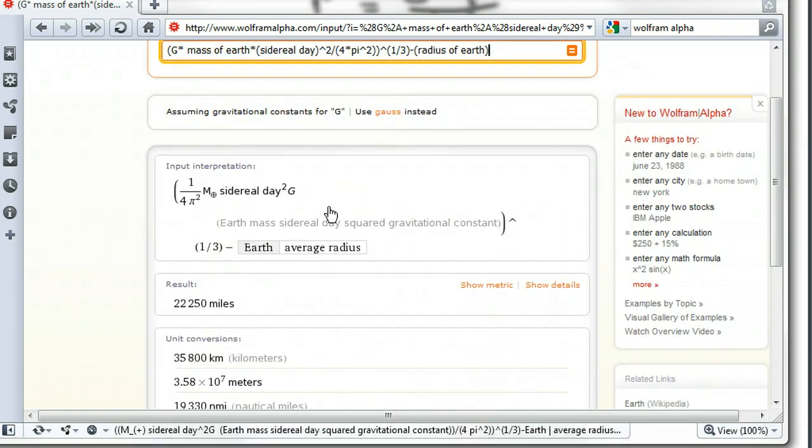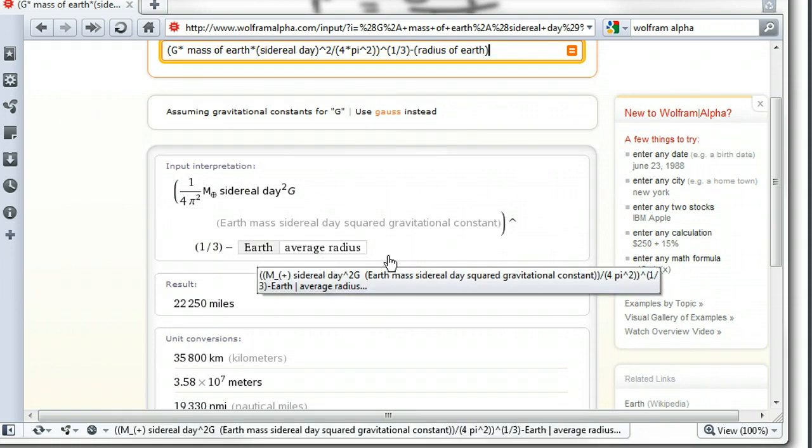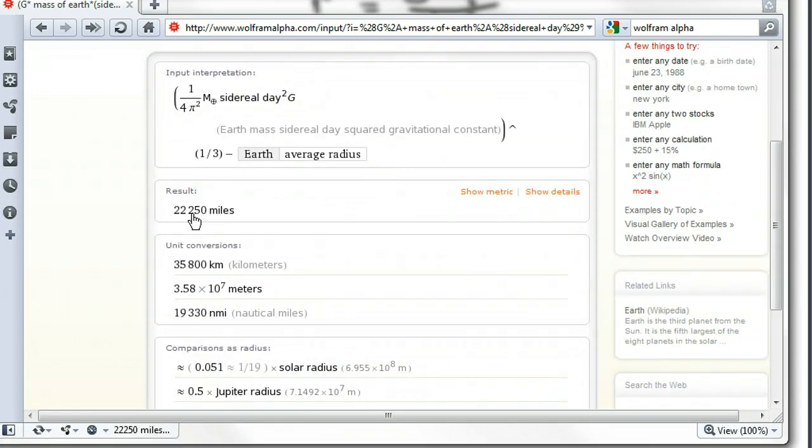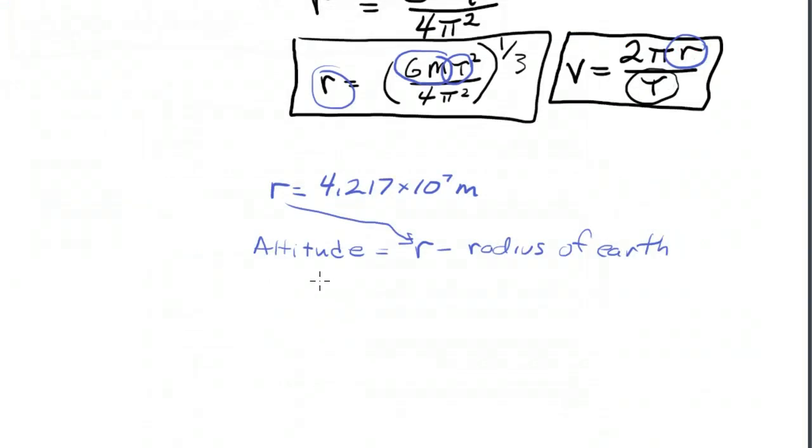It calculated this. You can see the input interpretation: minus the Earth's average radius. The Earth is not exactly a sphere, so they use the average radius, and here's the result, 22,250 miles, or 35,800 kilometers. And there's our answer in kilometers.